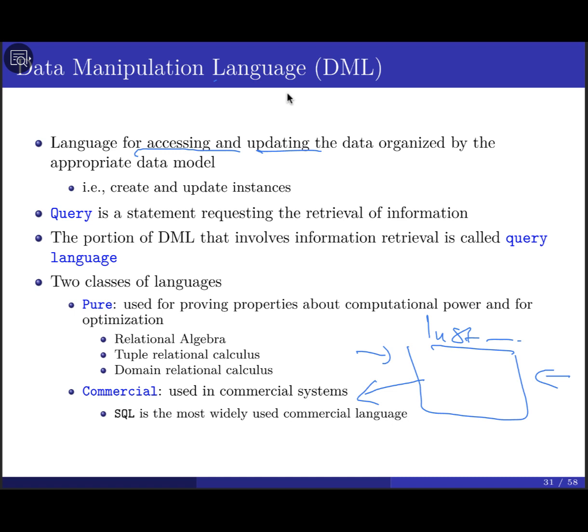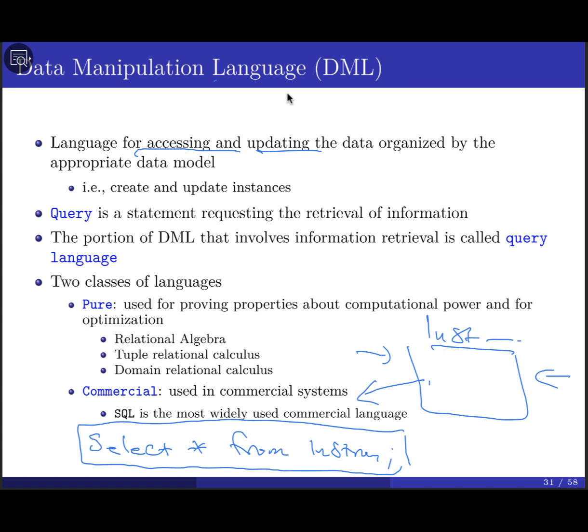SQL provides me with some commands that allow me to express whatever query I want to perform. The simplest thing you can think about is select star from instructor. That means give me the list of all the instructors stored in this table. Okay, that means you can use select.